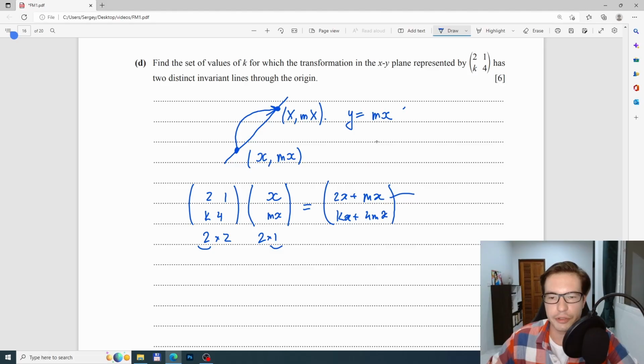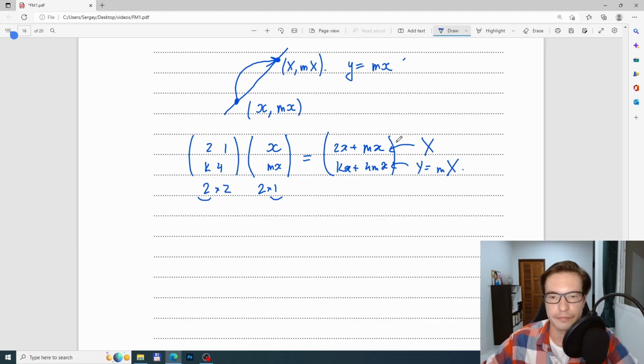So the first coordinate is going to be my big X, and the y-coordinate is going to be m times big X. So that means kx plus 4mx, this is the y-coordinate, equals m times big X, which is m times (2x plus mx).